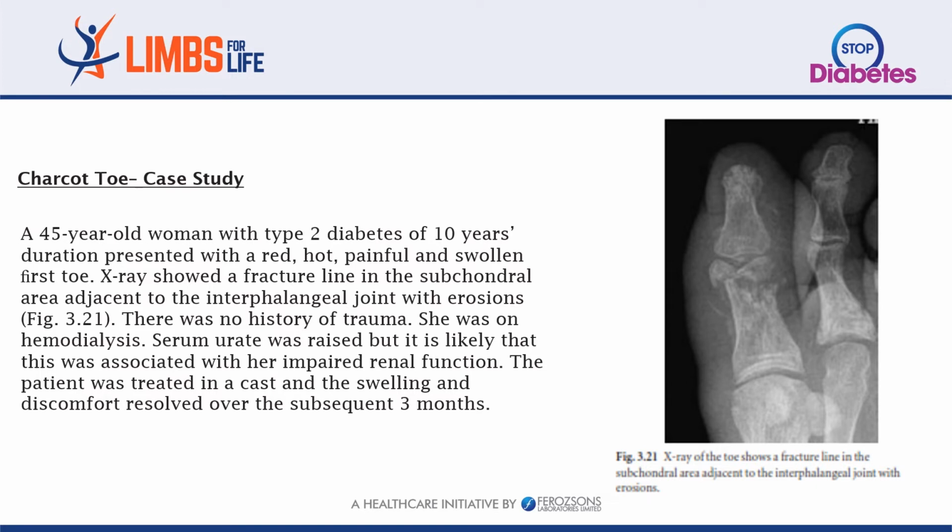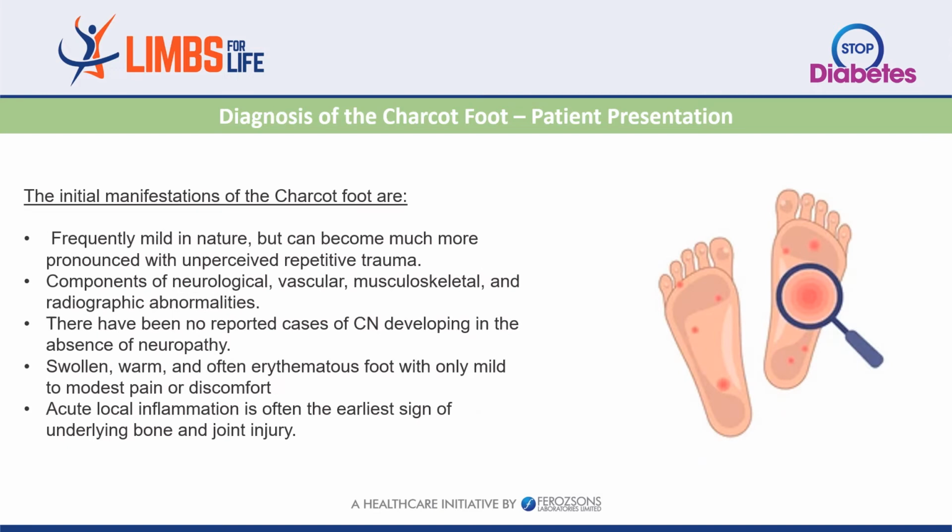There was no history of trauma. She was on hemodialysis. Serum urate was raised, but it is likely that this was associated with her impaired renal function. The patient was treated in a cast, and the swelling and discomfort resolved over the subsequent 3 months.